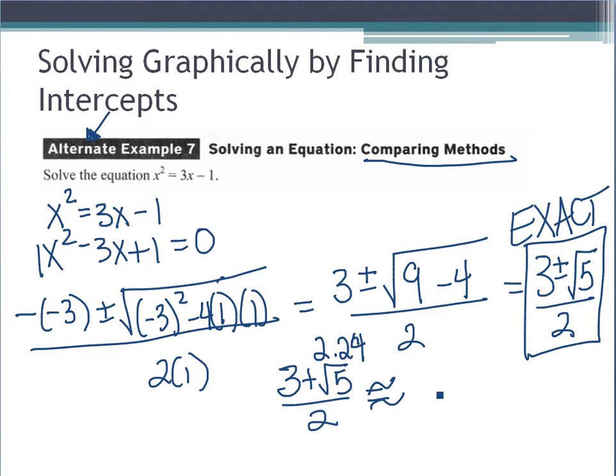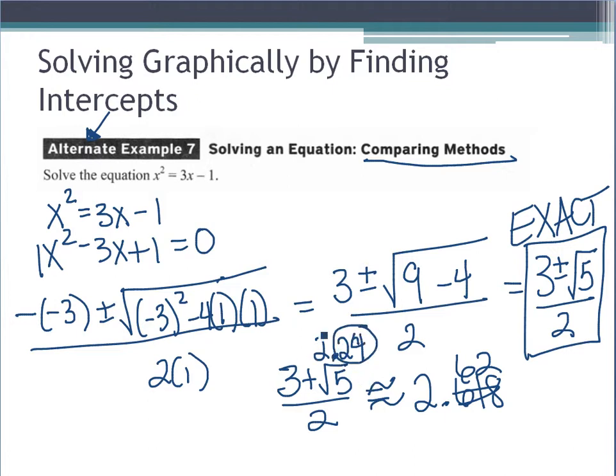Okay, so we can add 3 to that. We get 5.24, and we divide by 2 the whole thing. And this gives us approximately 2.618, so we could say 2.62. Now, I actually didn't use this number, this 2.24.